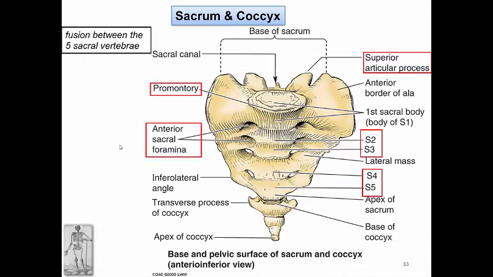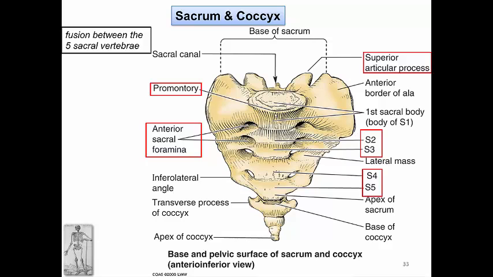Now if we have a look at some of the characteristics of the sacrum and the coccyx, the 5 sacral vertebrae have all fused together, which has resulted in it being one large, pretty much wedge-shaped bone. And between the 5 sacral foramina, you still have lines that indicate the sites of fusion.